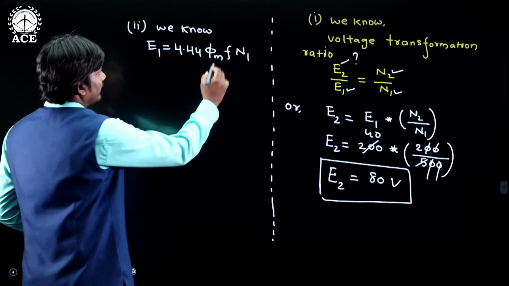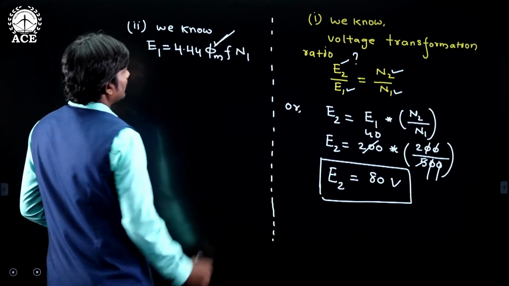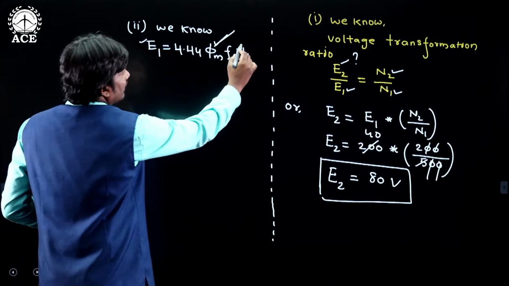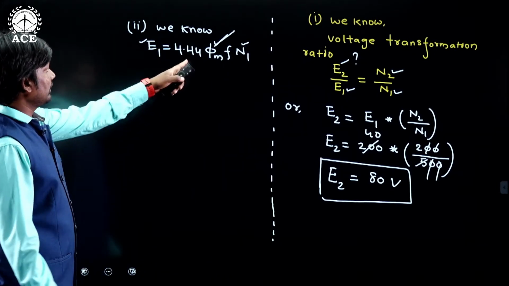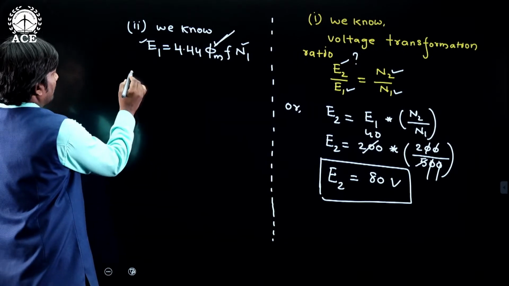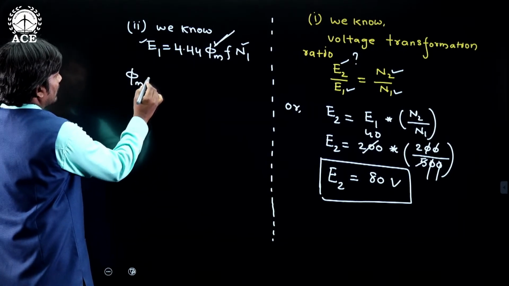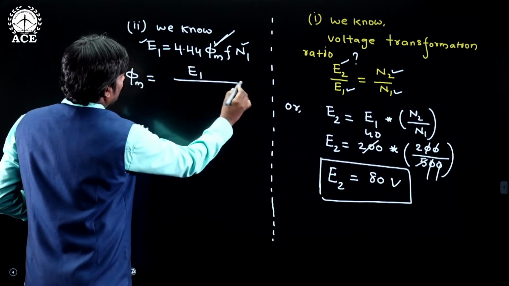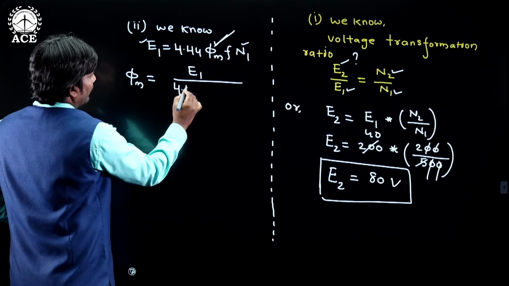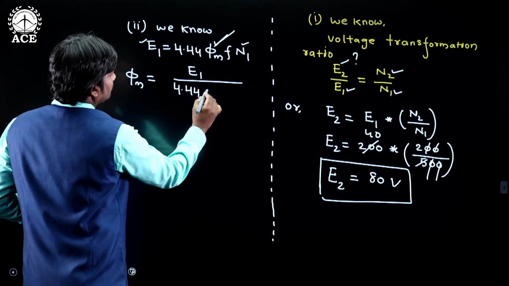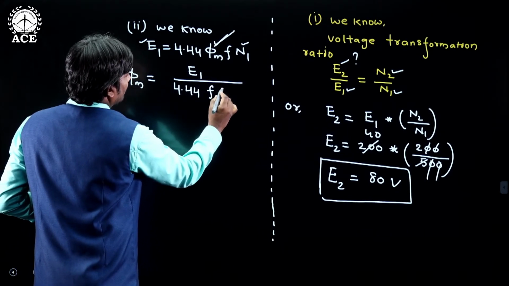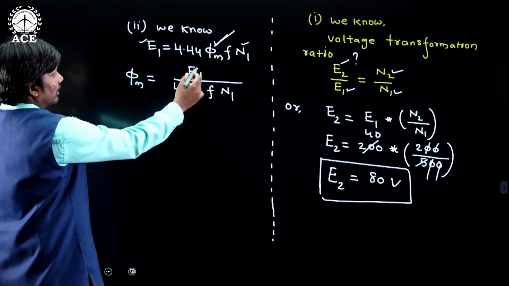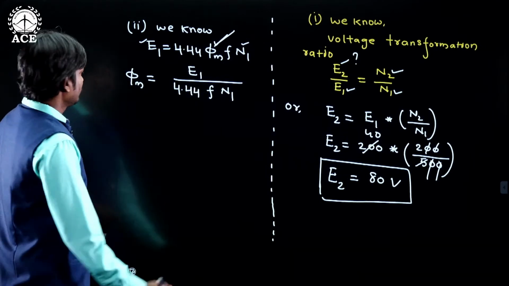Our aim is to calculate phi m. E1, F and N1 are all given. So phi m, the maximum flux, is equal to E1 by 4.44 F N1. Substitute these values of E1, F and N1.